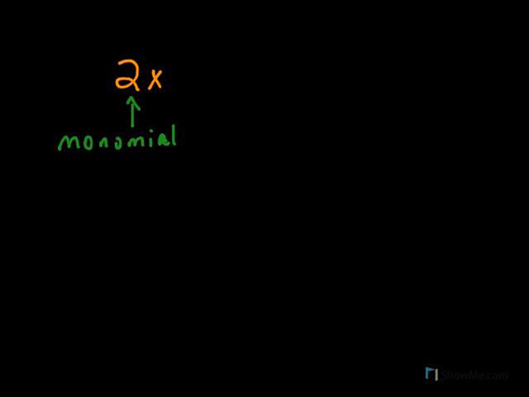Imagine we had the expression 2x squared, and then I add 5. Because I added 5, as you may recall from pre-algebra or the beginning of algebra, this is one term and this is another term, because one has a variable and the other doesn't.